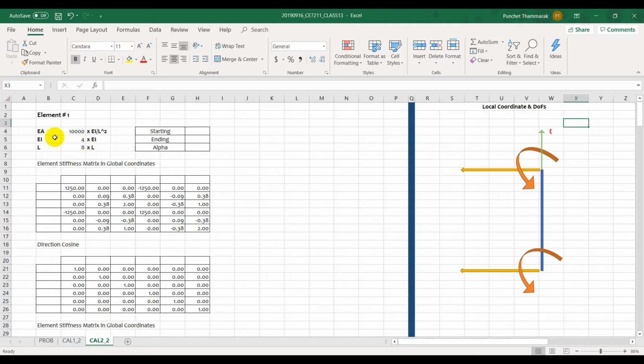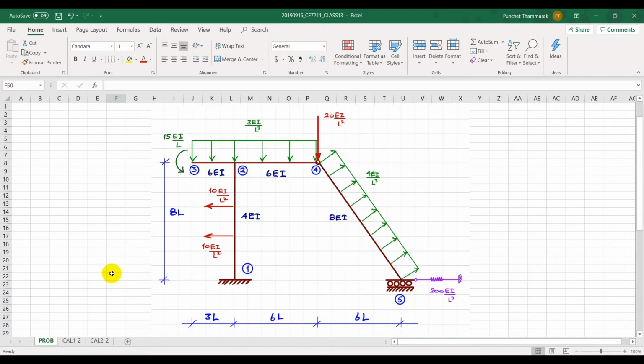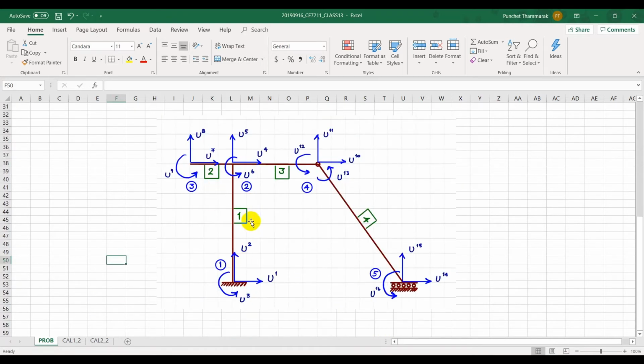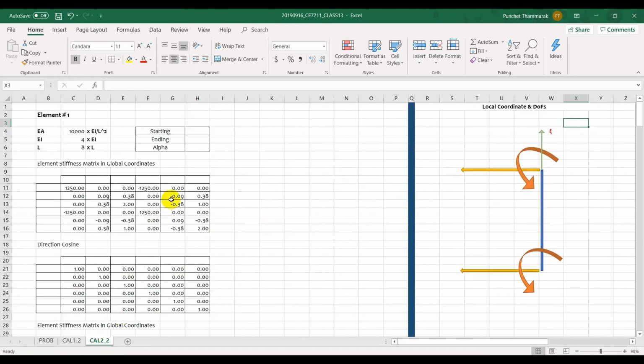So we will set up the stiffness matrix of the whole system again, but we will be doing all of these procedures in a different way, as I will show you here. So first of all, let's look at it together. We have element number 1, which is this one here. Over here, I will set up the starting node being the node number 1 and ending node being the node number 2, which is different from the case we had before.